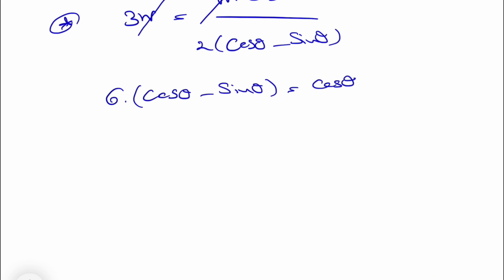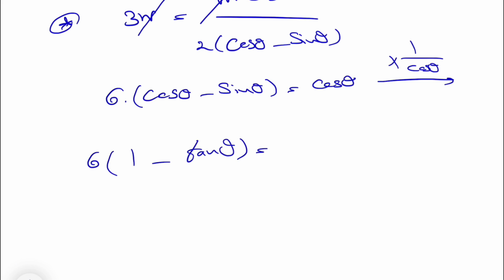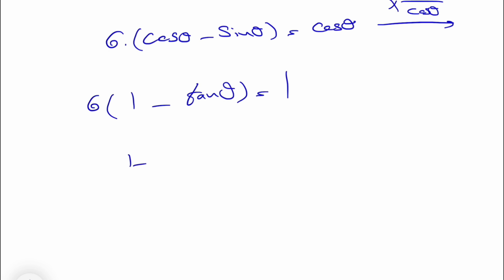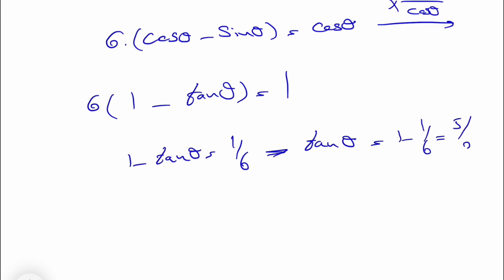On this side we can divide everything by cosine of theta, so we'll have 6 times cosine of theta divided by cosine of theta is 1, minus sine of theta over cosine of theta, which is tangent of theta, equal to 1. That means 1 minus tangent of theta is 1 over 6, and tangent of theta will be 1 minus 1/6, which is 5/6.